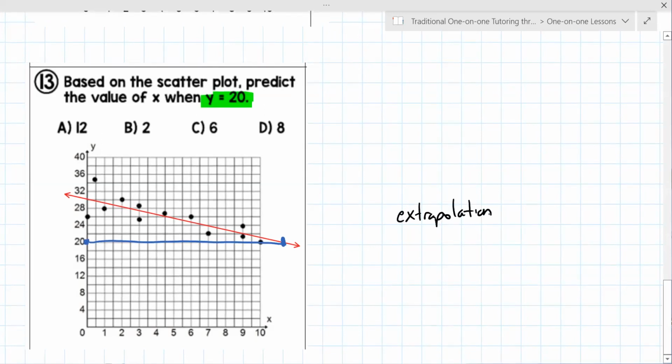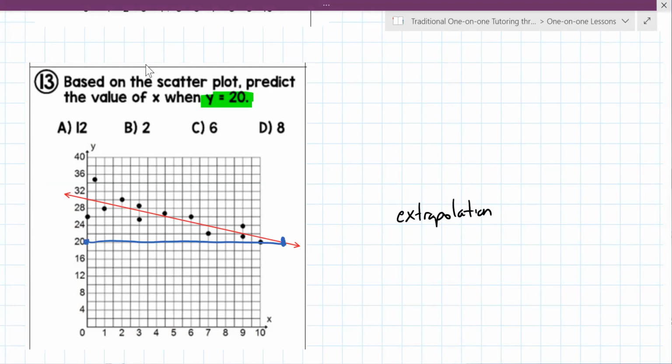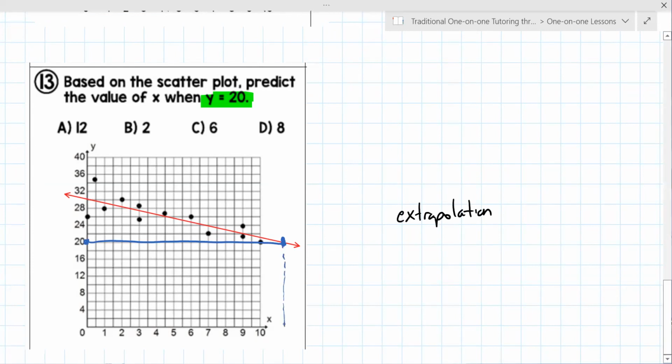Well, extrapolation is when you go beyond the data points that you have. So the question is, where does this blue line hit on the X-axis? Where does it come down? Where does that hit? Yeah, about 12. 12 is a good answer because it's there. If it wasn't there, then maybe it wouldn't be such a good answer. All right, 14. Look at 14.